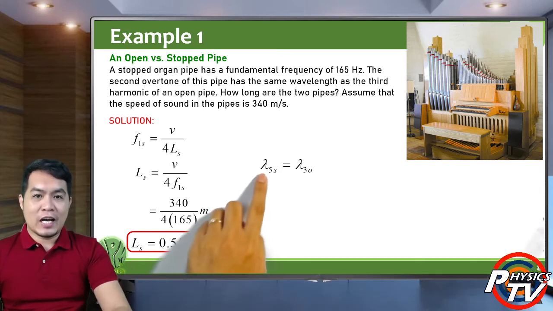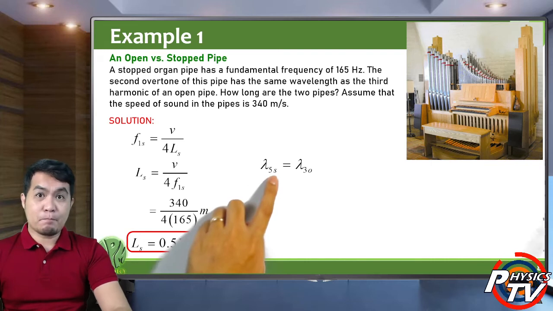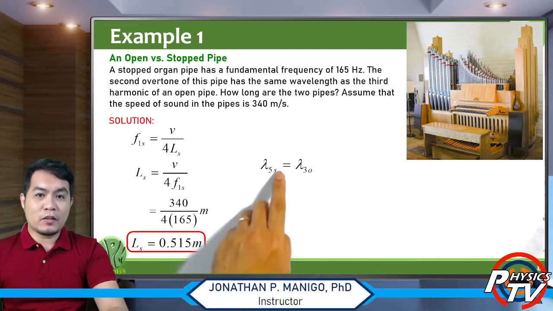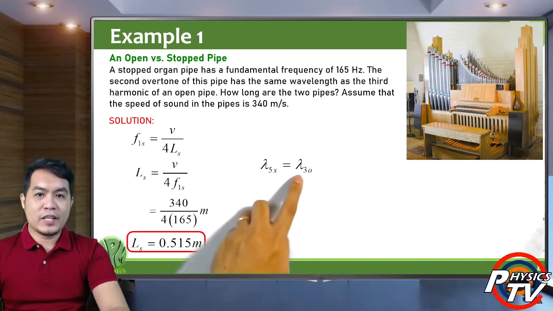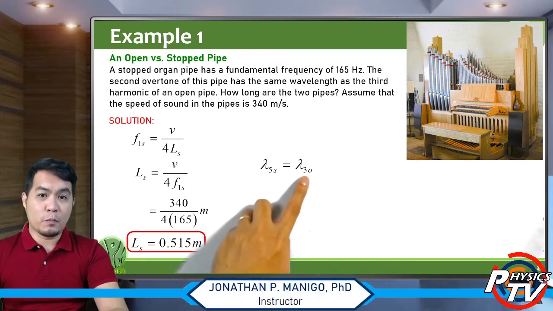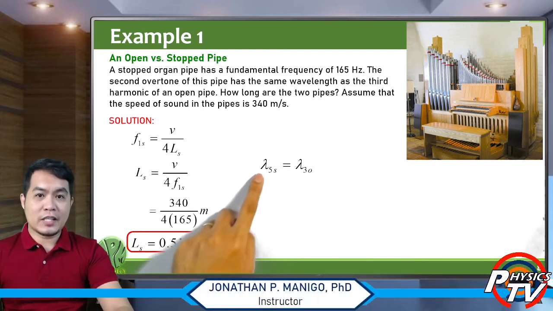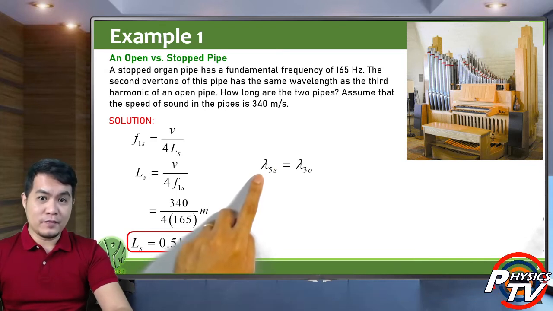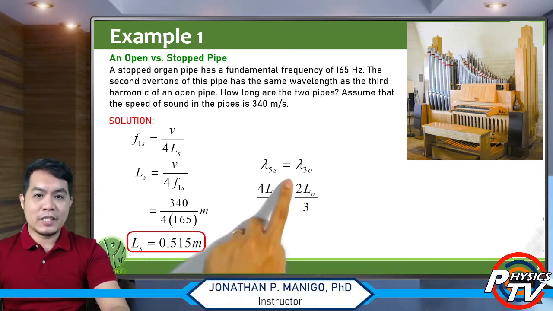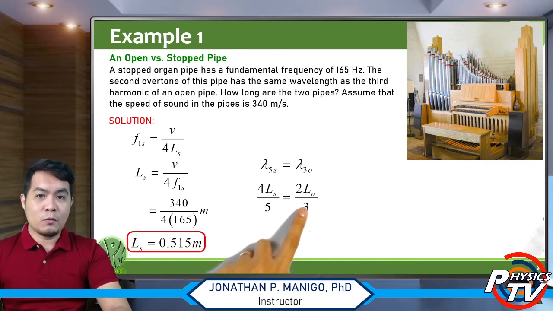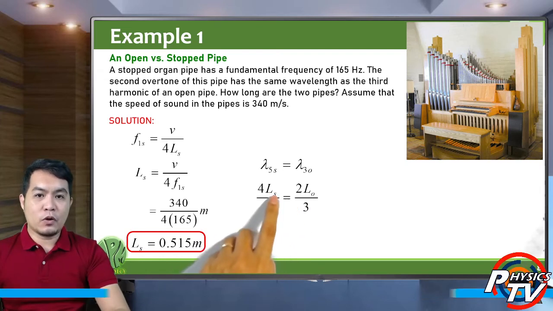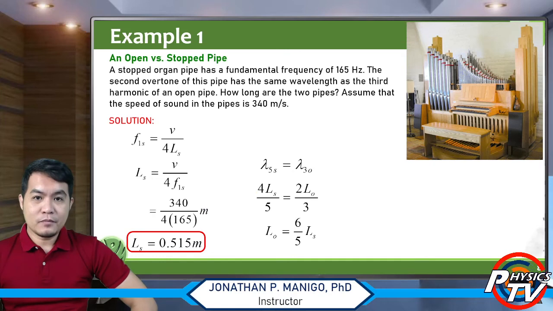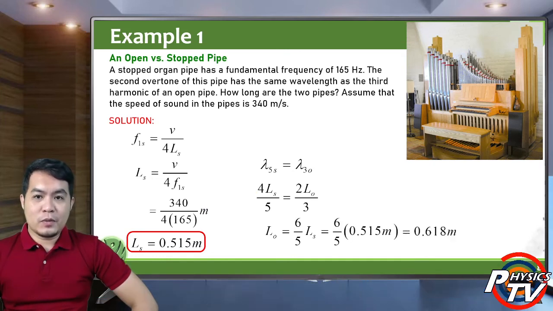So lambda 5 for the stop pipe is equal to lambda 3 for the open pipe. For the stop pipe, it's 4L over N, where N is equal to 5. For the open pipe, it's 2L over N, where N is equal to 3. Now you can solve for the length of the open pipe, and you will get a value of 0.618 meters.